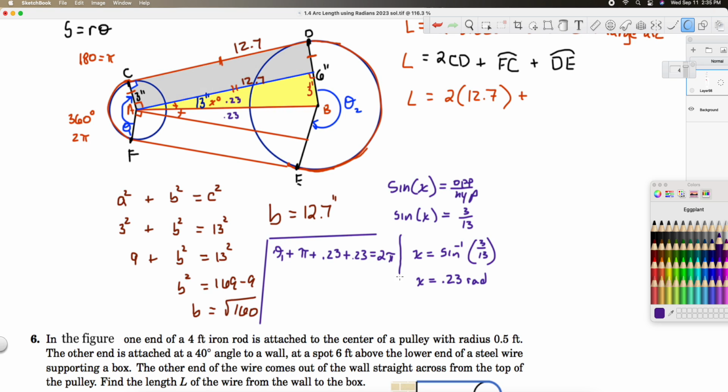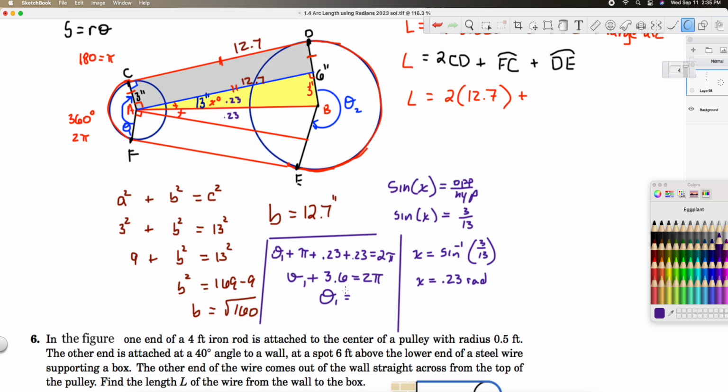Remember, 2 pi is a complete circle. So now, pi plus 0.23 plus 0.23 is 3.601. So let's just go 3.6 equals 2 pi.